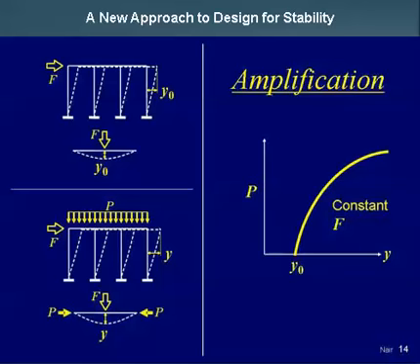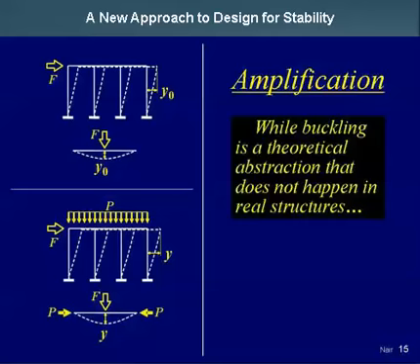Another way to show that is in a curve like this. This is for a constant F. For any given value of F, this is the relationship between the compressive force P and the lateral displacement. We have this beginning lateral displacement of Y0. That's what you would have with no compressive force. Then as you add compressive force, the displacement increases.